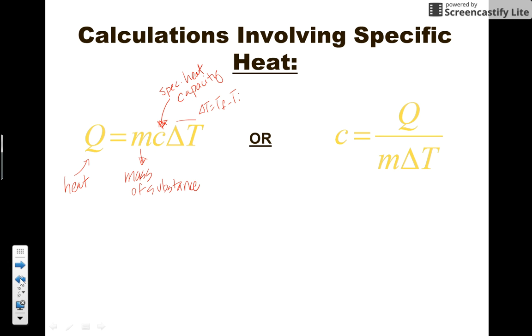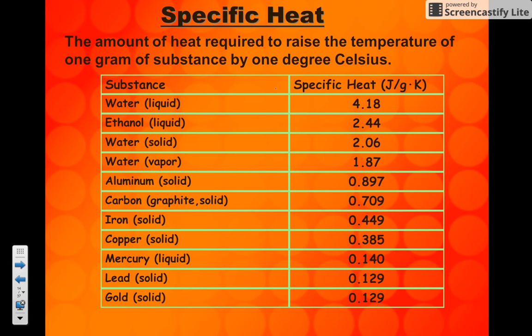I do want to scoot back just a second and talk about this table from before. It's giving you liquid water, ethanol, solid water, water vapor, solid aluminum, solid carbon in the form of graphite, iron, copper, mercury, lead, and gold. But notice they all have different specific heats. I also want to point out that the units for specific heat are joule per gram degree. So it could be joule per gram Kelvin.